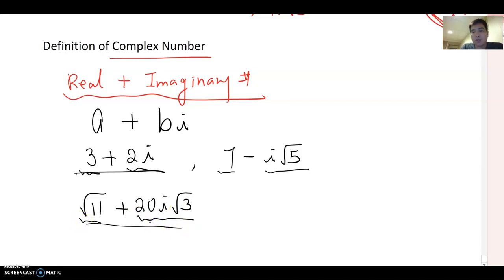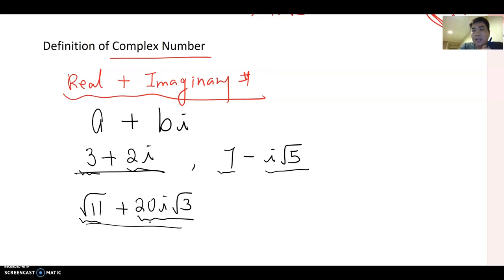Combined together, it is a complex number. Then why do you think the complex number form is a plus bi? As a concept of numbers, a is real, while bi is not real. That's the reason we just call it imaginary, right?